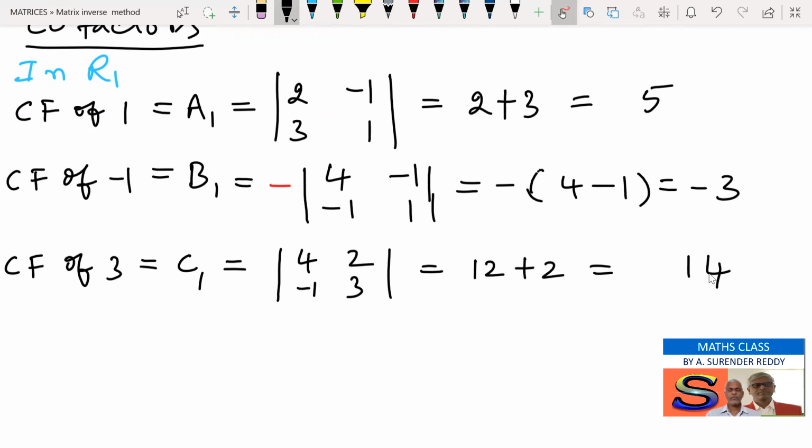That is 14. So the cofactors of the first row elements are 5, minus 3, 14.